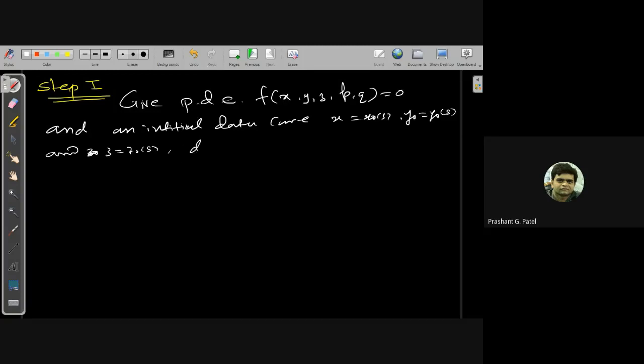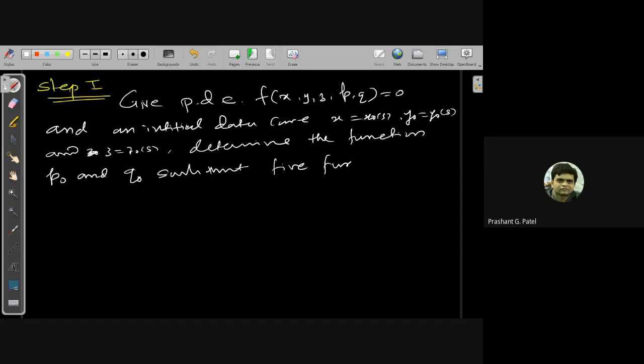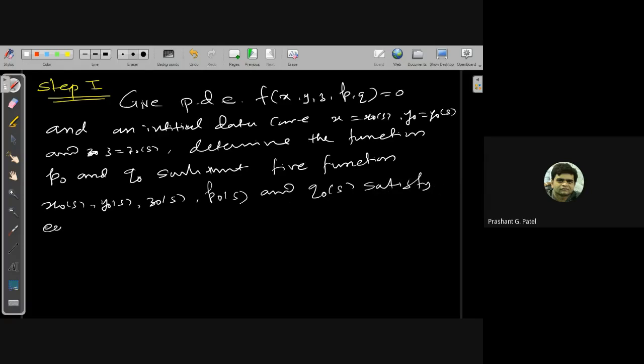You have to determine the functions p0 and q0 such that the five functions, that is x0(s), y0(s), z0(s), p0(s), and q0(s), satisfy equations number 1 and 2, which we have just derived here.